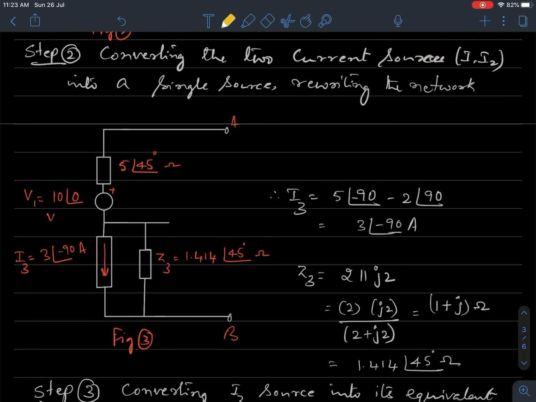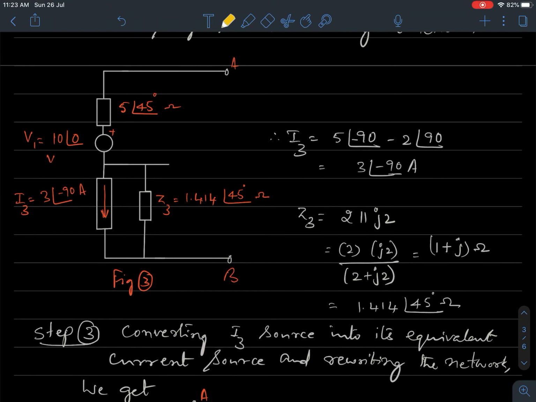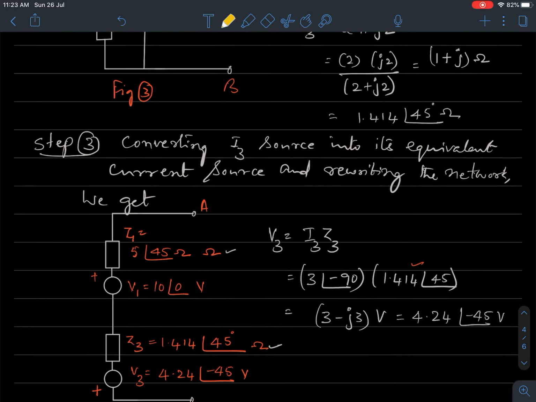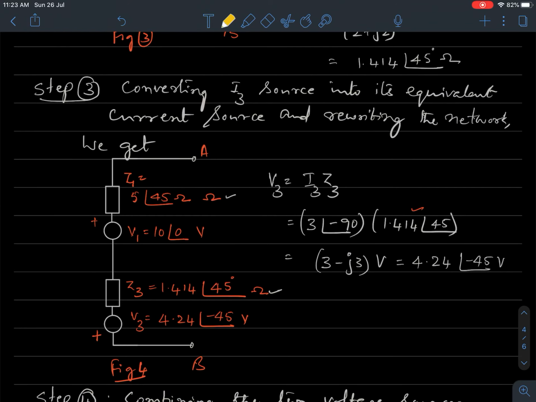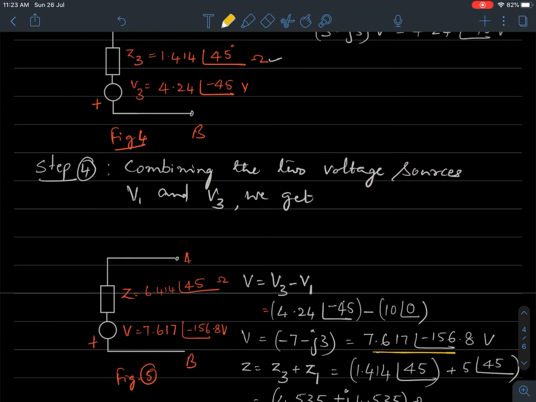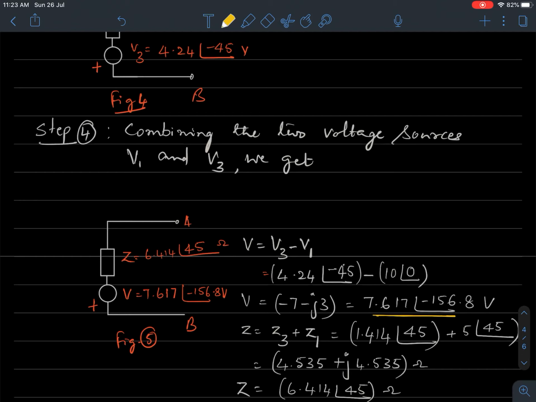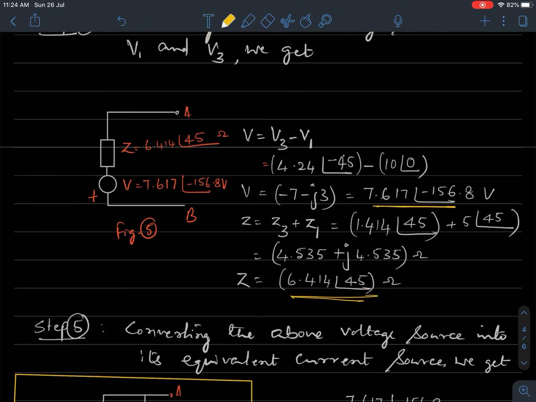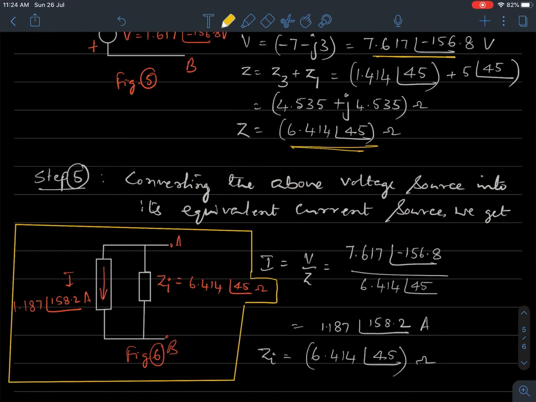So reduce them into a single source by adding them up. Then now it is a series combination of current source and voltage source. To reduce a series combination, convert the current source to voltage source. That's what you did in step 3. Then you have to combine the two. Step 4 will give you one equivalent voltage source, but the answer expected is in current source. So you convert that voltage source into a current source.